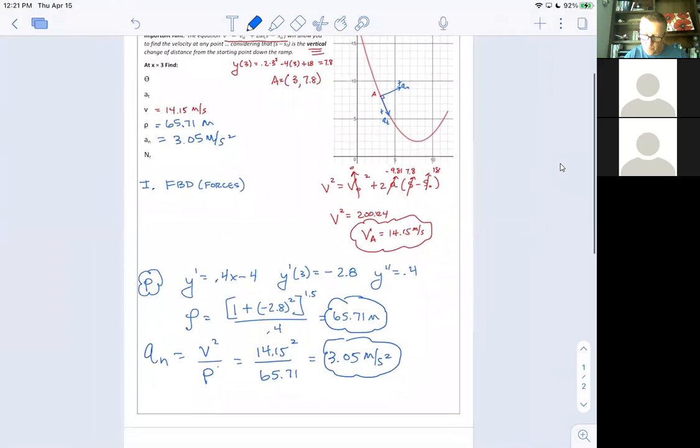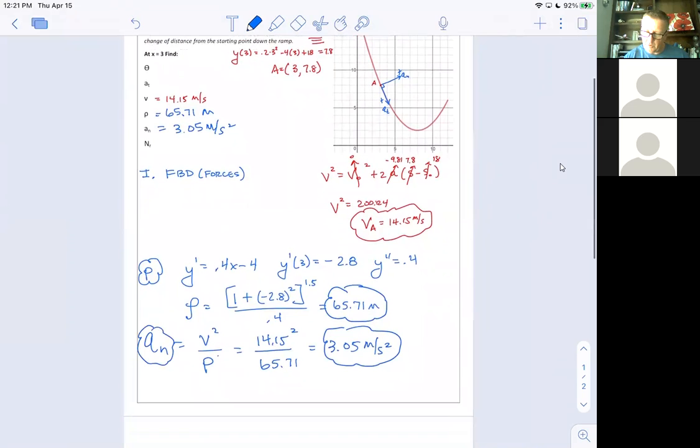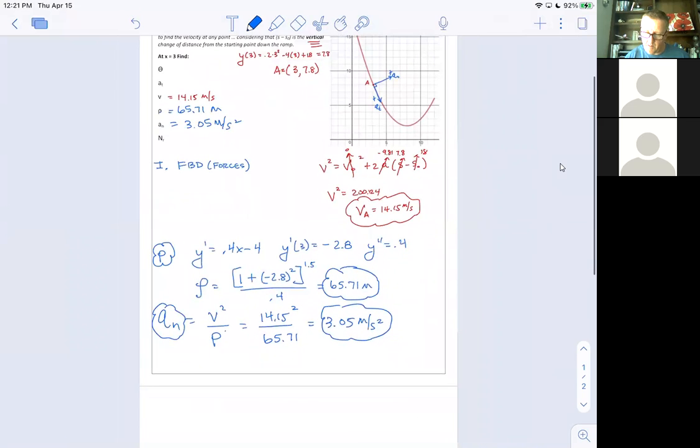So that's cool. Let's see, what else could I figure out now? Theta is just going to be the inverse tangent of negative 2.8, which is negative 70.346 degrees. Nice job. The inverse tangent of negative 2.8. I agree with you. Negative 70.3 degrees.